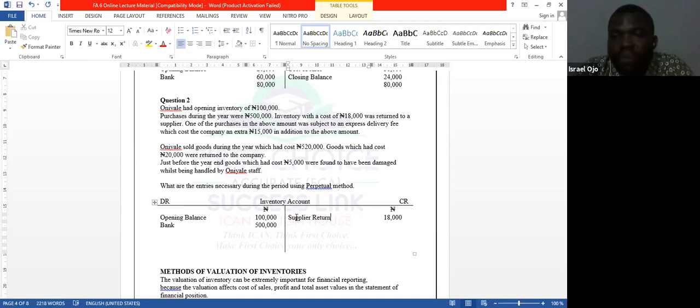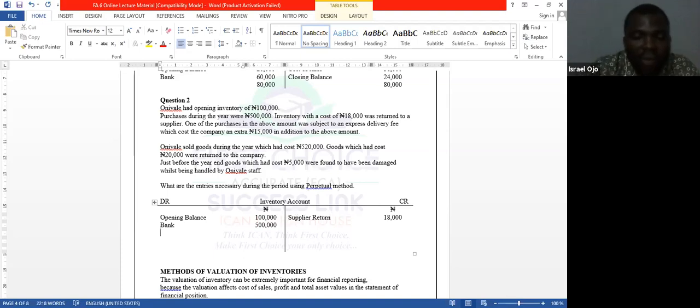Delivery fee is part of the cost of inventory, so we are going to add it to the inventory account. When we move further, we will see how we cost inventory, how we attach cost to the items that we purchase. So the delivery or freight fee is added to the inventory cost, so for us we put it under the debit side.